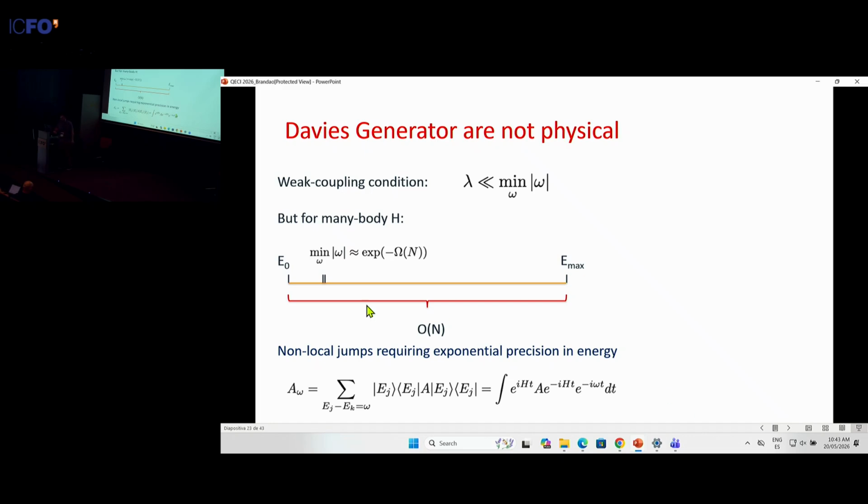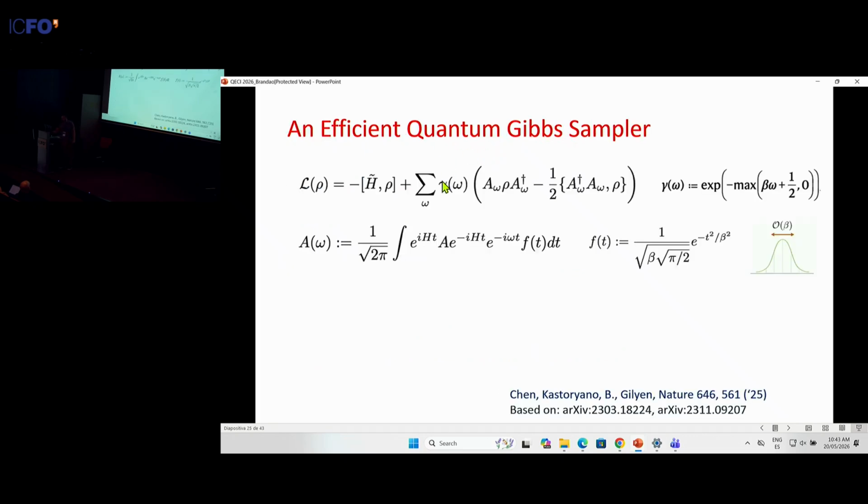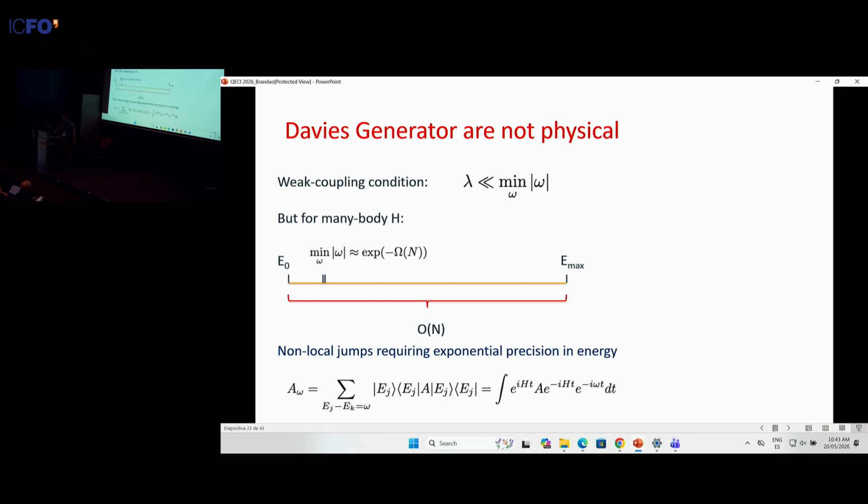So this is what I was saying in words. You only have an interval of size O(N), but we know that the minimum energy gaps have to be exponentially small in N because there are exponentially many of them. So Davies provides a rigorous derivation, but this derivation is in an unphysical regime, where, sorry, let me go back, the weak coupling is exponentially small in the system size.